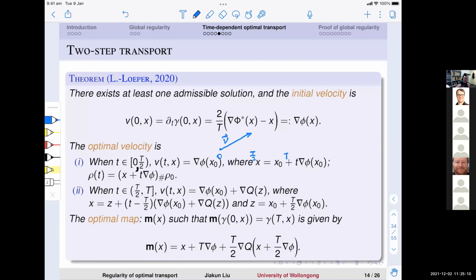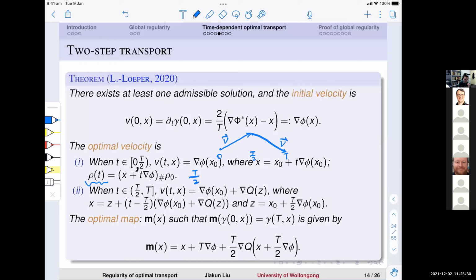And moreover, the density, the distribution when the time equals half capital T, is given by the push forward of the original density function. And after the time passes half capital T, the star is going to move along a different kind of velocity.